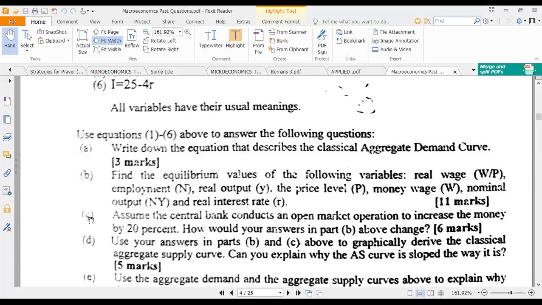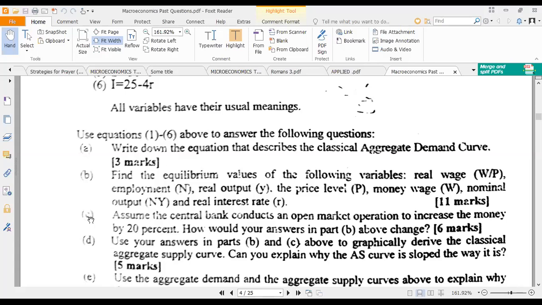How will it change? Now we've seen that monetary policy doesn't affect the real variables, right? Which means that there will be no change in N, no change in Y, no change in W over P, but P will change.